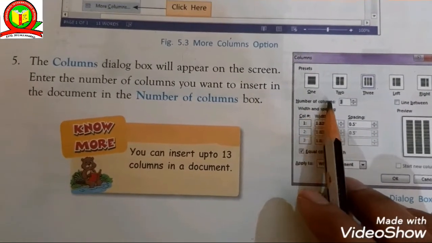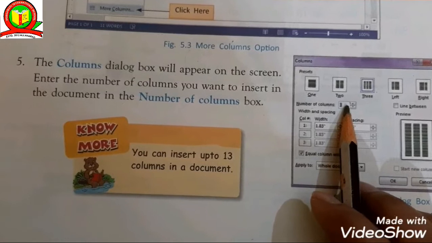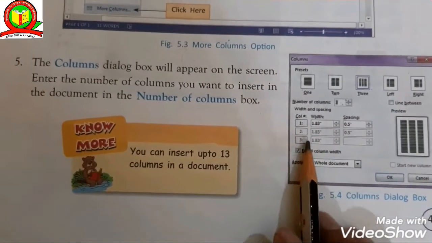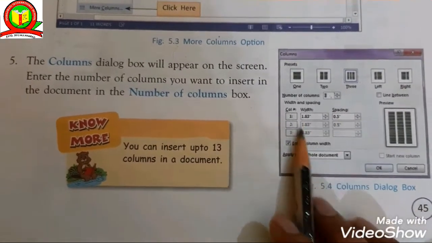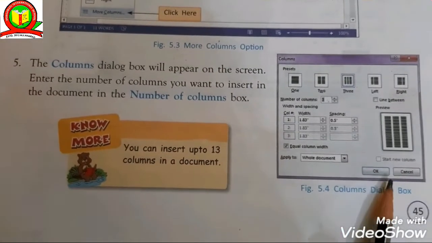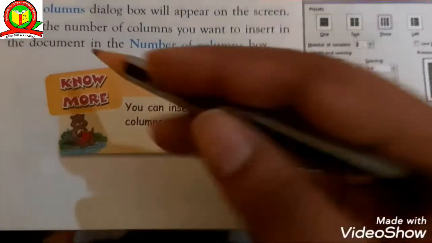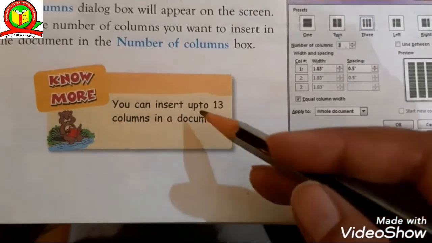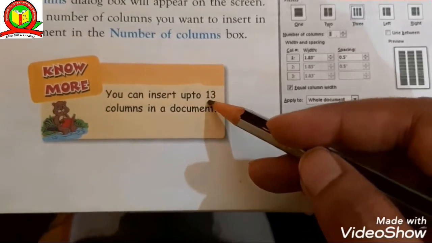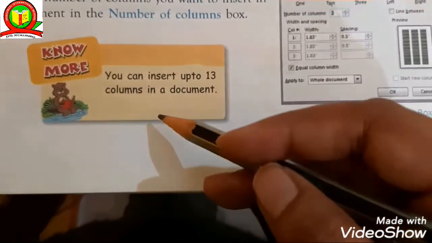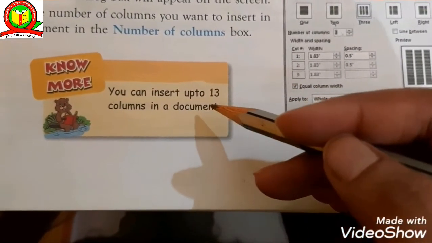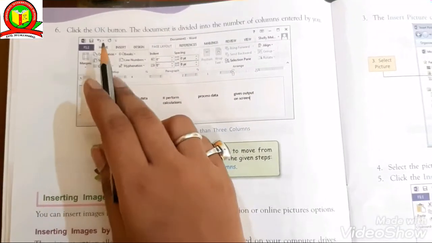Here it is written Number of columns, where you can enter the number you want. This figure 5.4 explains the Columns dialog box. This note box gives the information that you can insert up to 13 columns only in a document.